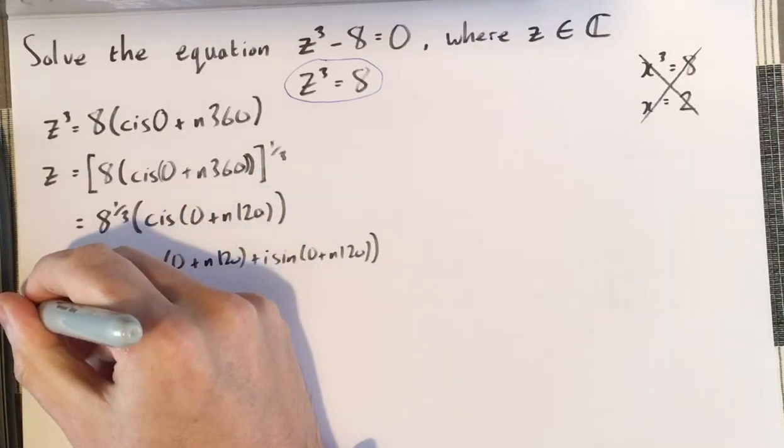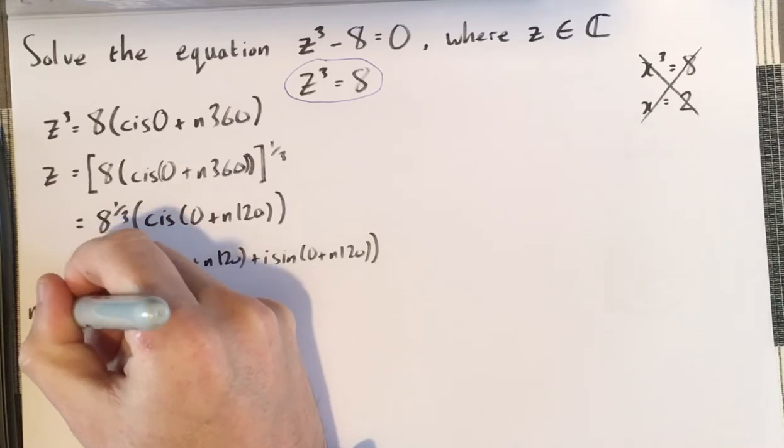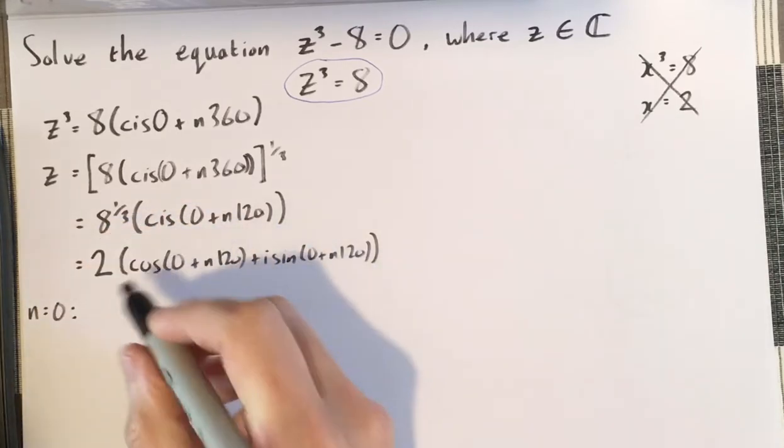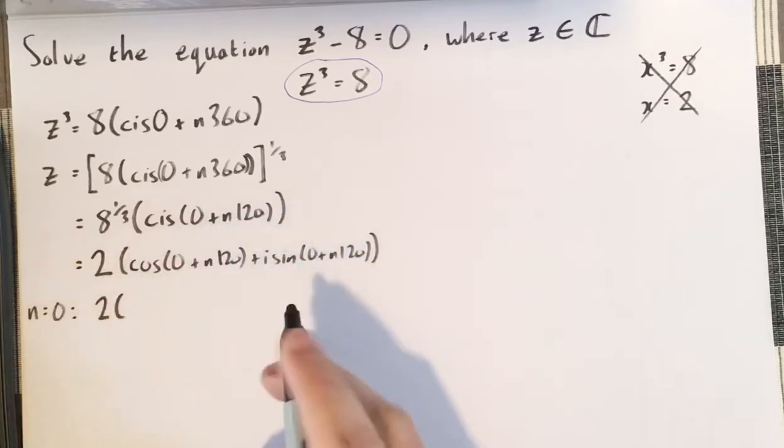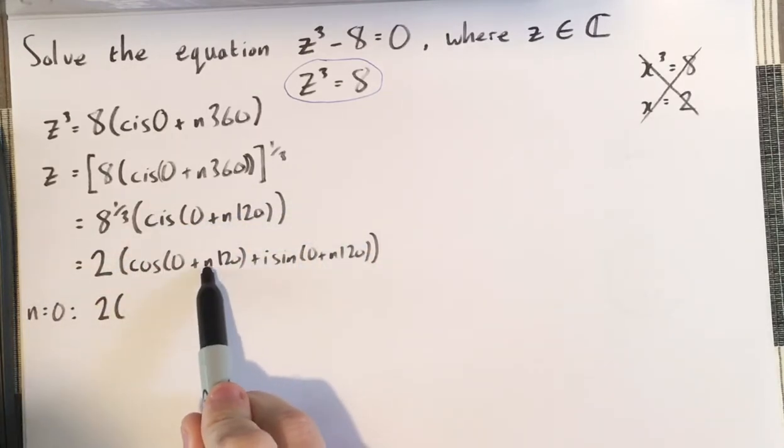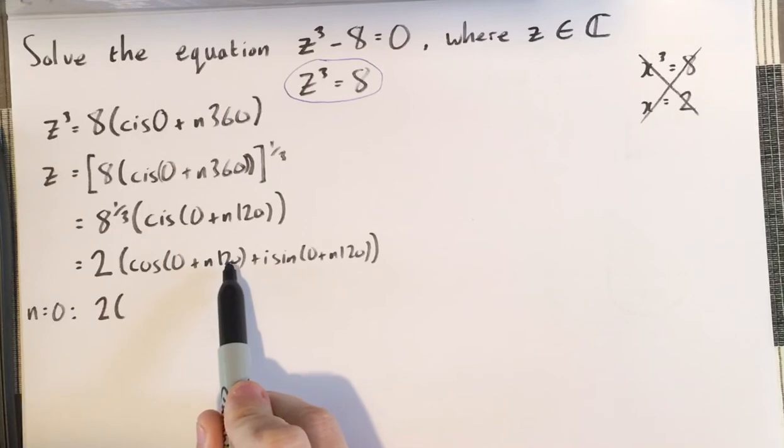When n is equal to 0, I get 2 times the cos of 0 plus i sine of 0, since 0 times 120 is just 0.